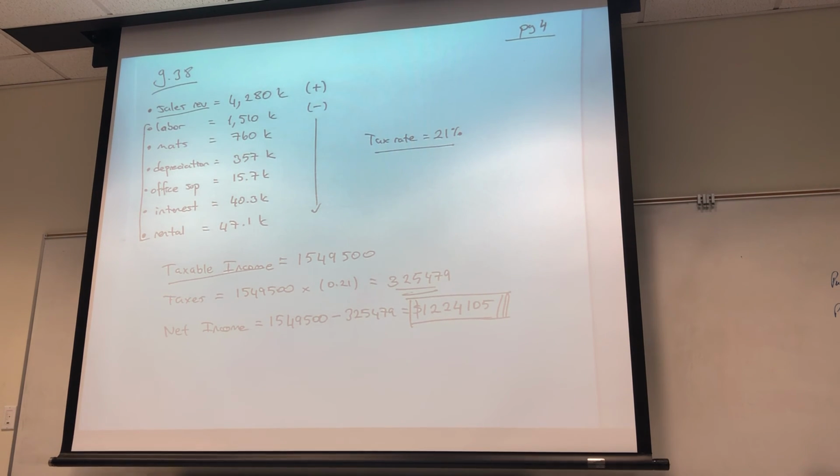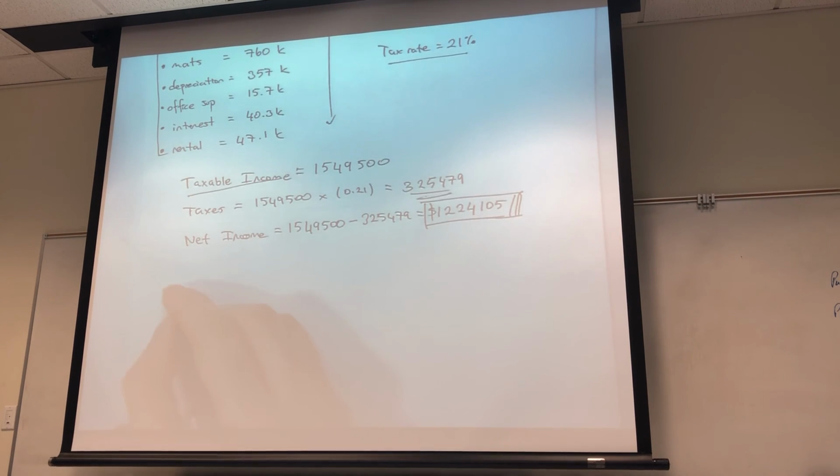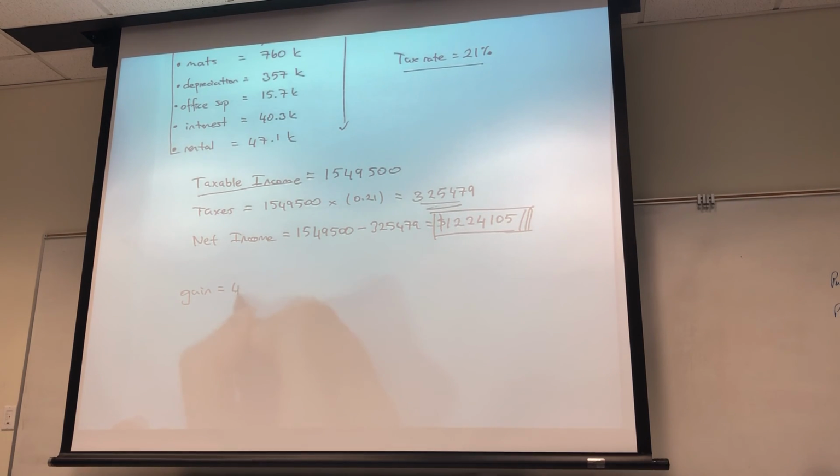And the gain comes from salvage minus book value. Right? So the salvage is, let's say, 80,000, and the book value was 40,000. We made $40,000, and this will be a tax on gains.